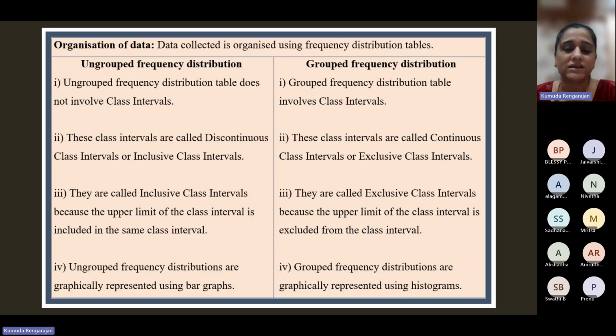So after the data is collected, the data is organized using frequency distributions. It can be a grouped frequency distribution or ungrouped frequency distribution, depending on the data. So depending on the data collected, the statistician will decide if that data needs to be presented using an ungrouped frequency distribution or a grouped frequency distribution.